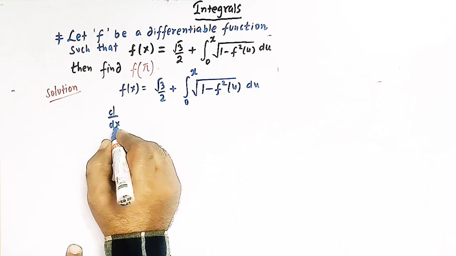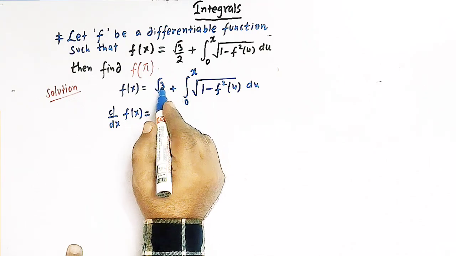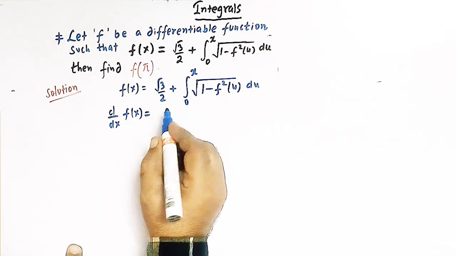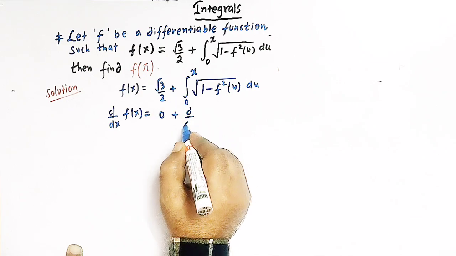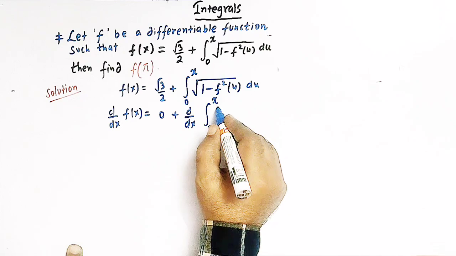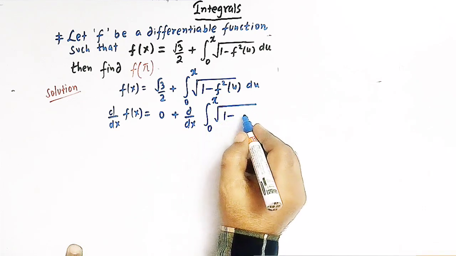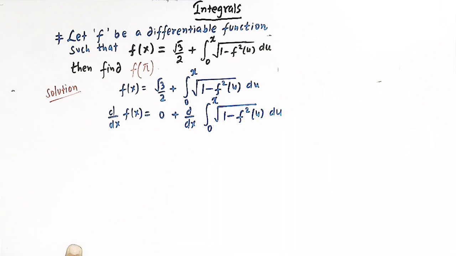So we'll write d by dx of f of x, and here the derivative of root 3 over 2 is 0 because it is a constant, and then we have d by dx of the integral from 0 to x of square root of 1 minus f square u du.